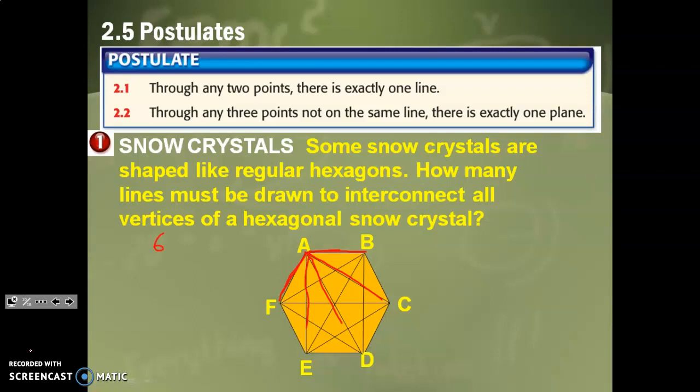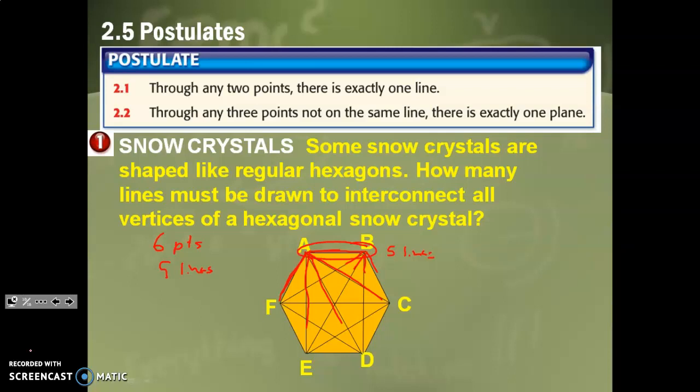So we have 6 points, but 5 lines from each point, okay? Now, if we look at another point, we look at B, well, B has the exact same 5 lines. But which ones are the same? Well, A to B, we're actually counting this line twice.